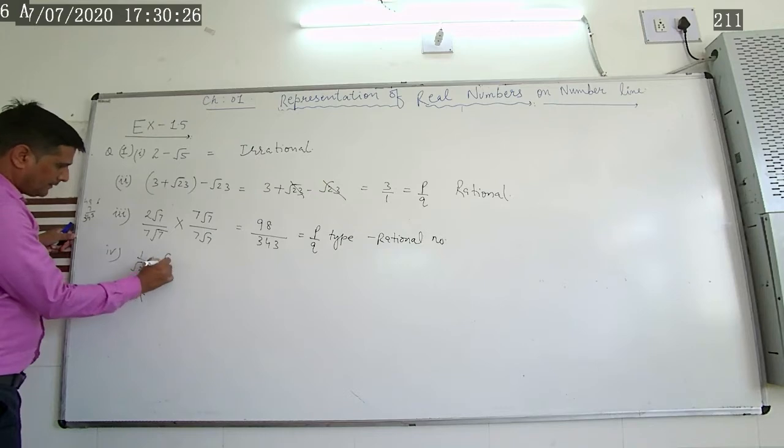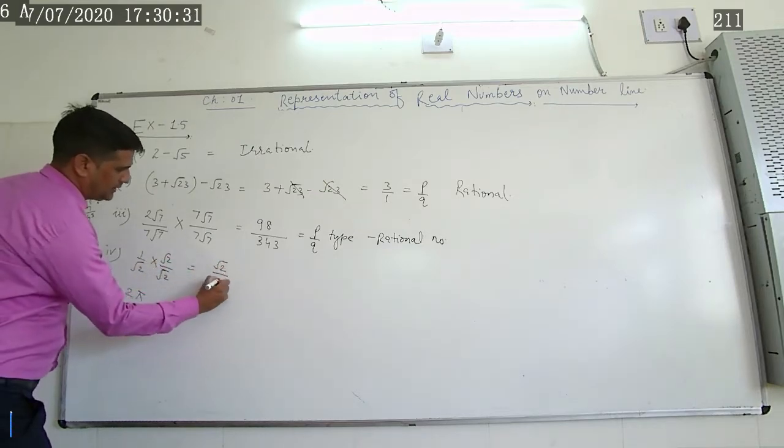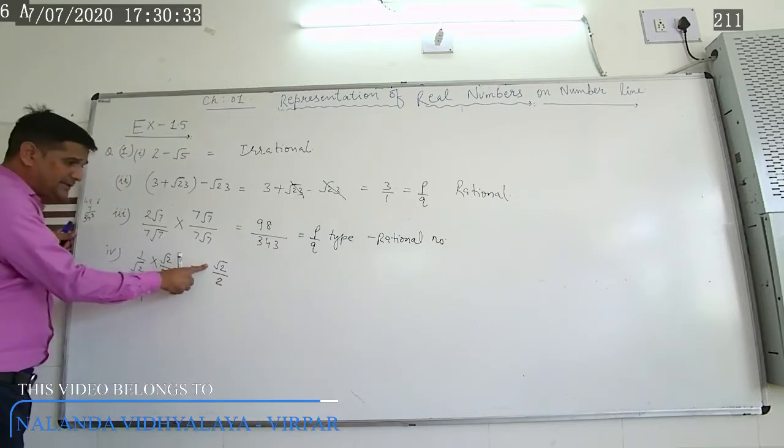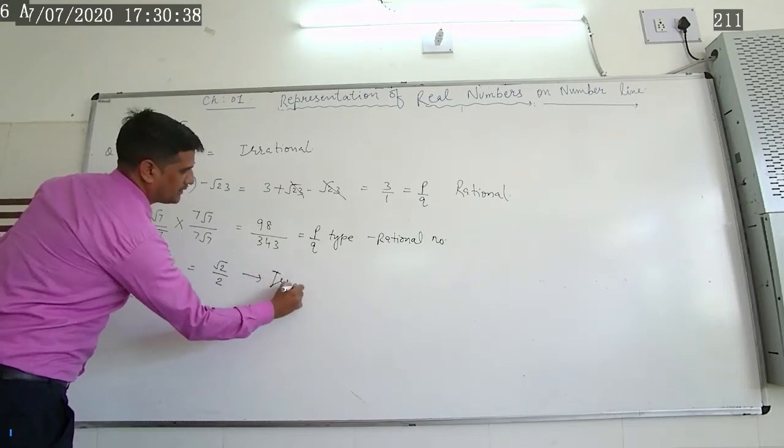Now again here, under root 2 by under root 2, I will write, so this will come under root 2 by 2. Now here the division of rational and irrational is there, so it will be irrational.